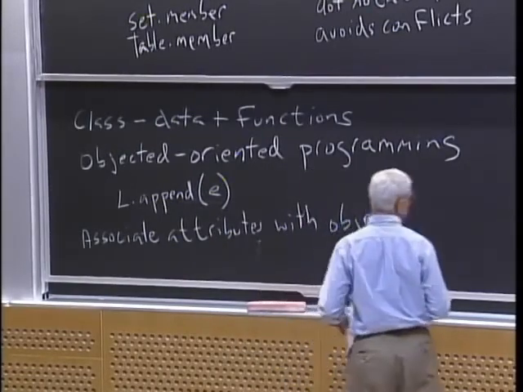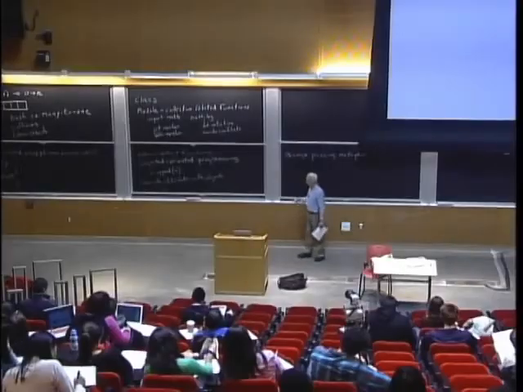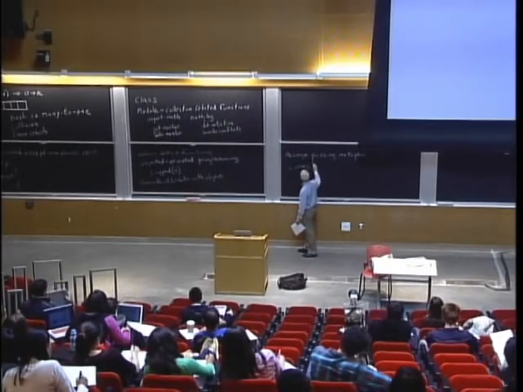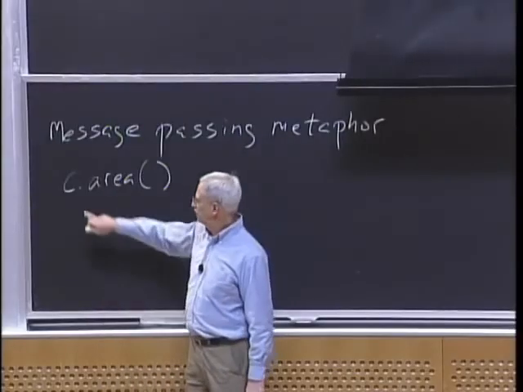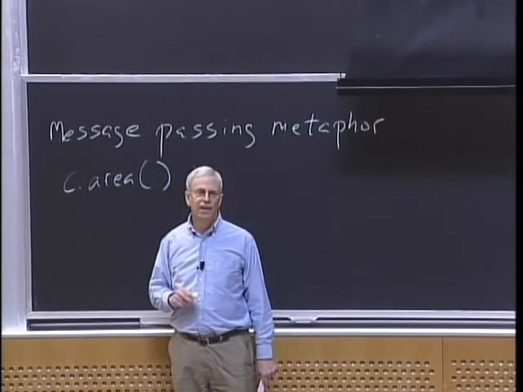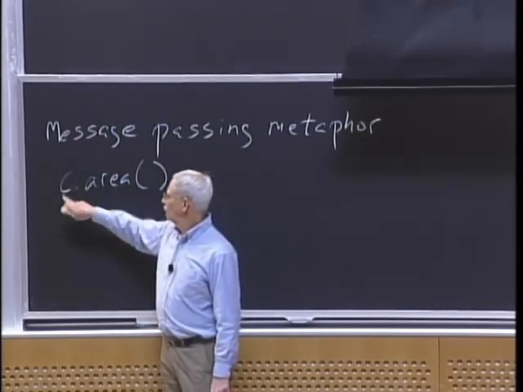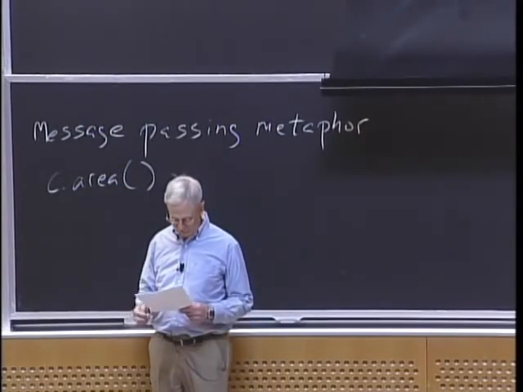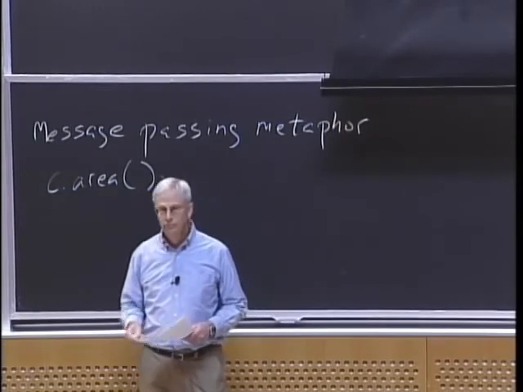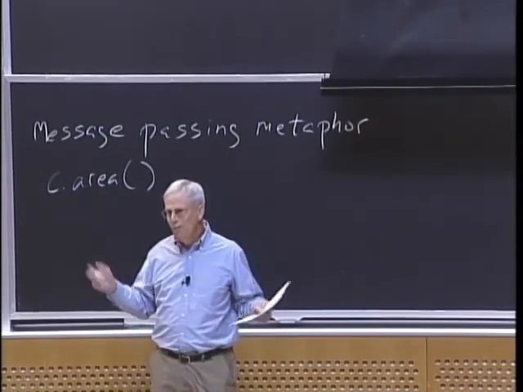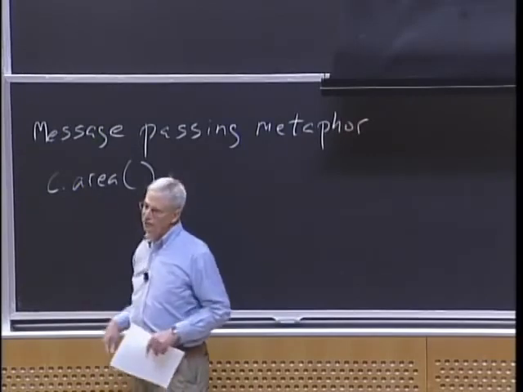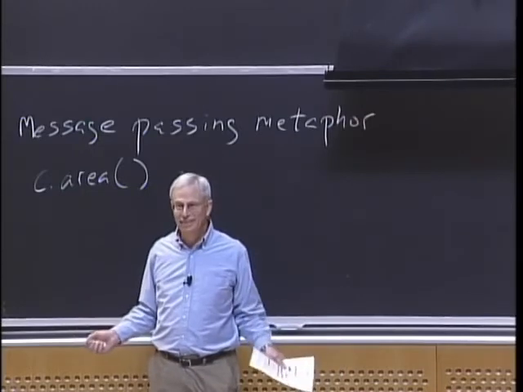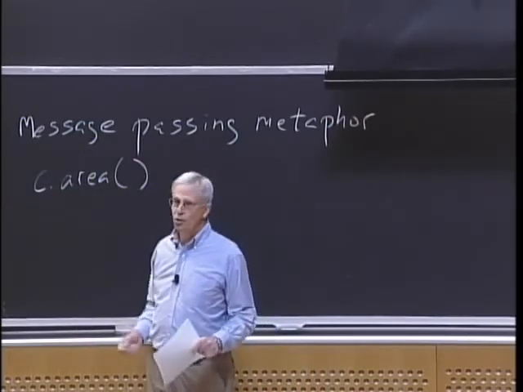So, for example, if I had a class called circle, I might pass the object C the message area, which would cause this object to return the area of the circle that is that object. Again, nothing dramatic going on here. If you just think of this as a fancy way of writing functions, you'll be absolutely correct. But I did think you should hear about this metaphor.